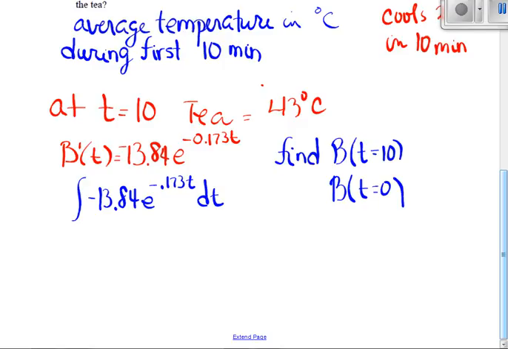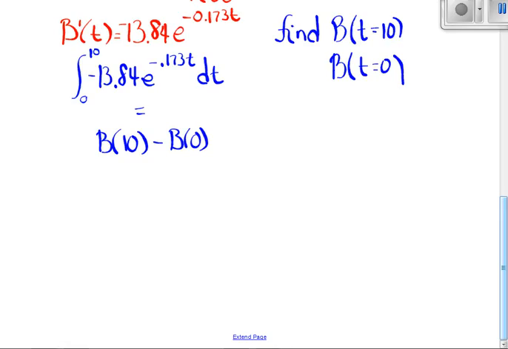I know 0, right? To 10. Because that's equal to b of 10 minus b of 0. So b of 10 is equal to the starting temperature plus the integral of this.